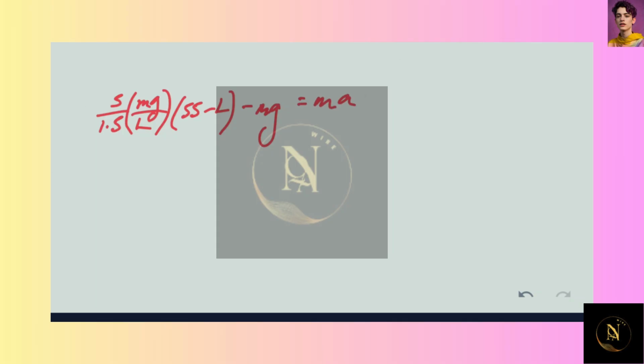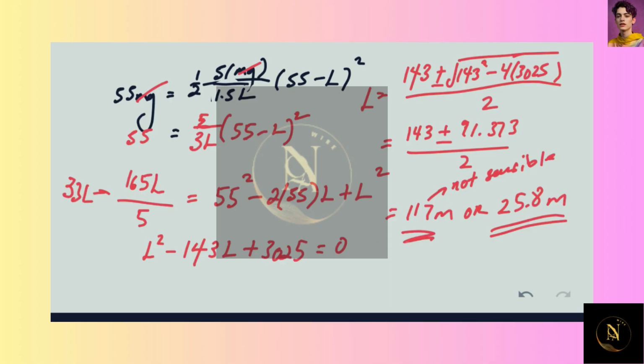So we divide everything by m, and get rid of the mass that we don't know. And we substitute in L as the previous L that we have found, which is 25.8 meters.